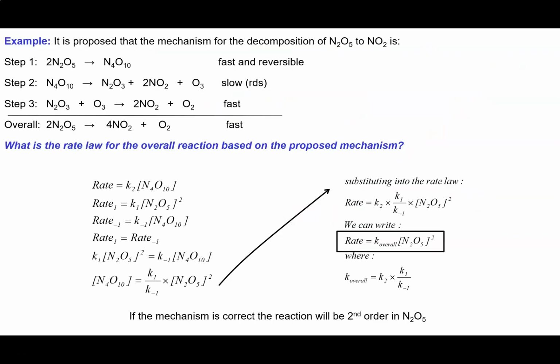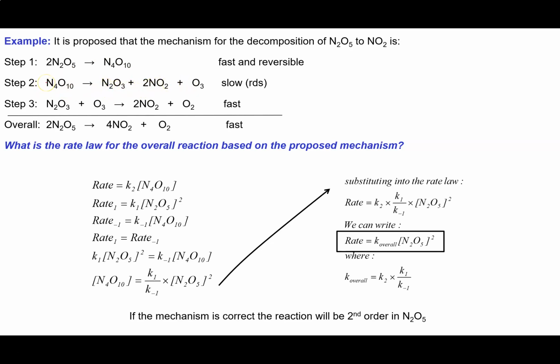Here's one that's a more realistic reaction, rather than doing A's, B's and C's. We've got real things in here. It says it is proposed that the mechanism for the decomposition of N2O5 to NO2 is as follows. We've got the first step, labeled as being fast and reversible. It's bimolecular in N2O5. We've got our second step where the intermediate decomposes into three different things.